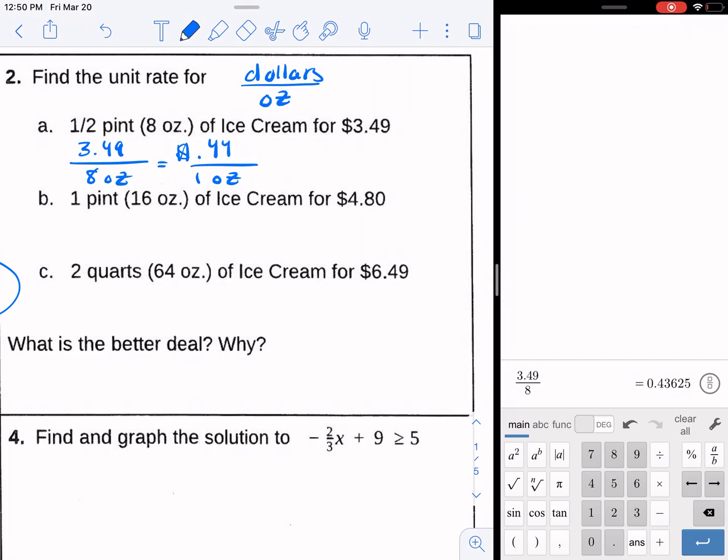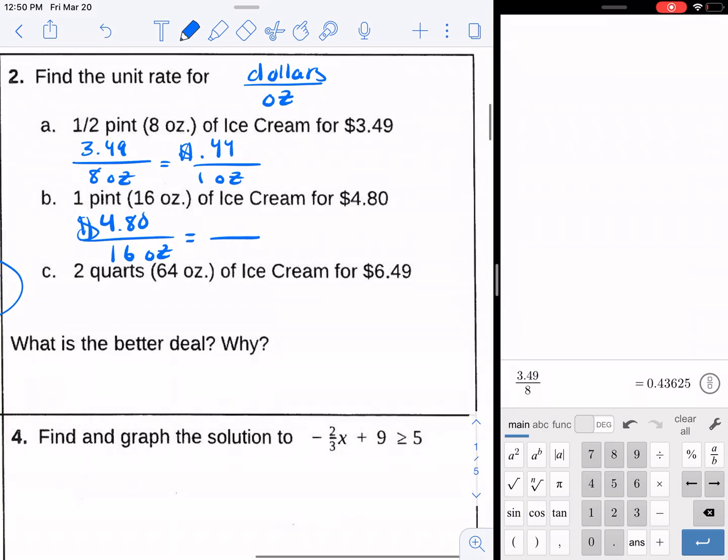The next one, again, same idea. We want dollars per ounce. So we got dollars on top, so $4.80, and we got ounces on bottom, so we got 16 ounces. Divide this, you'll get a 1 on the bottom, 1 ounce.